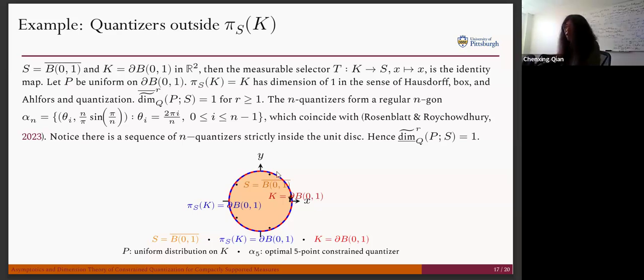But we can also see that the Hausdorff distance between the quantizers and the metric projection K asymptotically goes to 0. So we can say that the upper and lower quantization dimensions both coincide as 1.